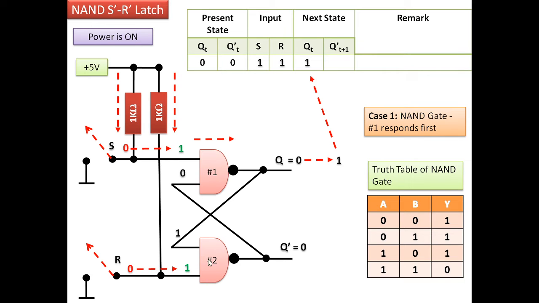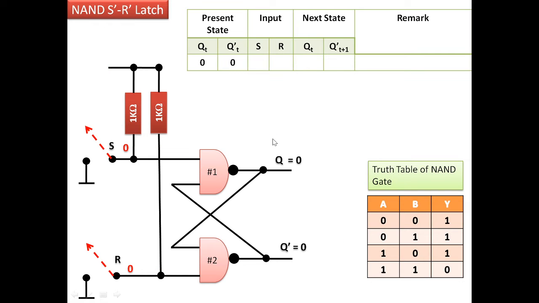So with 1 and 1, the output will become 0. This is the situation if NAND gate 1 responds earlier, or this section performs faster compared to this section. This situation, as we know, will be called set.